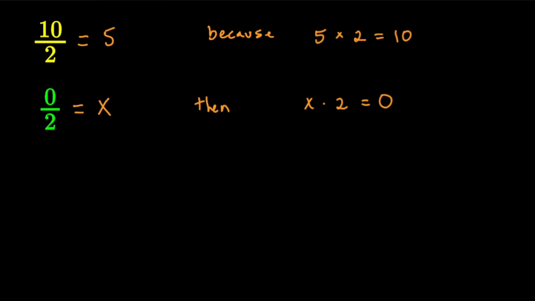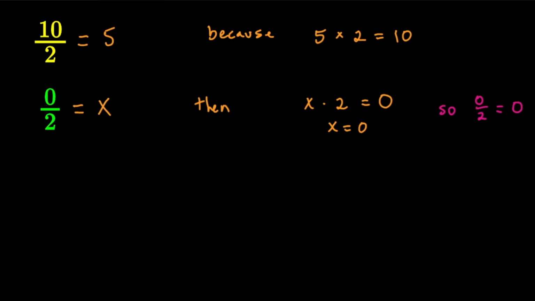What can you multiply 2 by and get 0? If you recall the zero product property, if 2 or more things multiply to give 0, then one of those things must be 0. And since 2 isn't 0, then x has to be 0. And x is what we called the answer to our original problem. So our conclusion is that 0 divided by 2 equals 0.